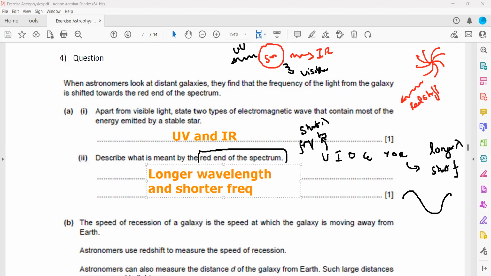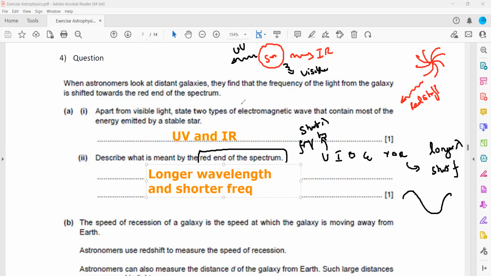But if the simple question is what is the meaning of the red end of a spectrum, it means the wavelengths emitted are longer and the frequency lower.